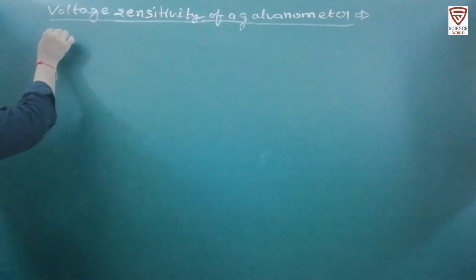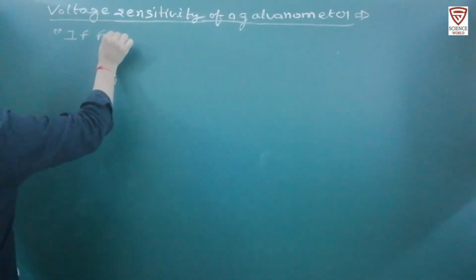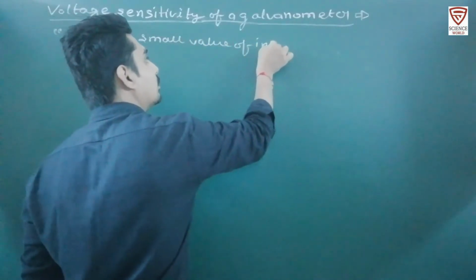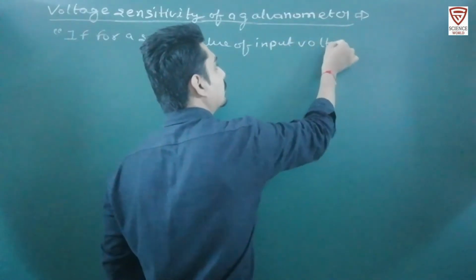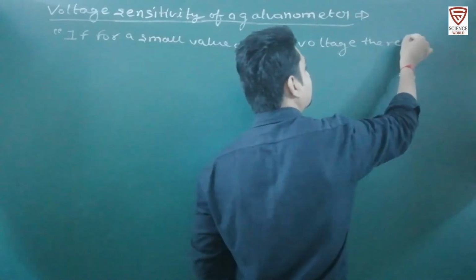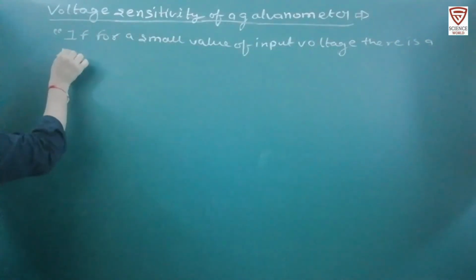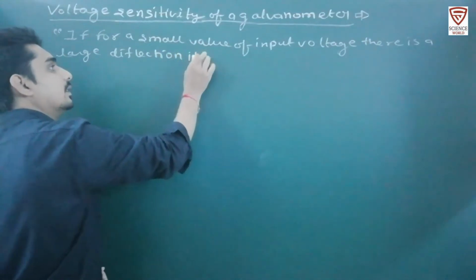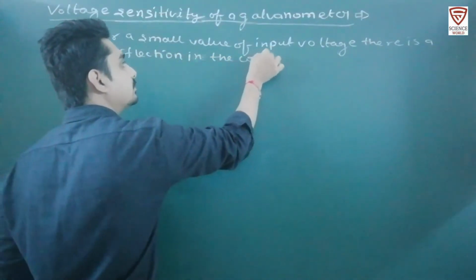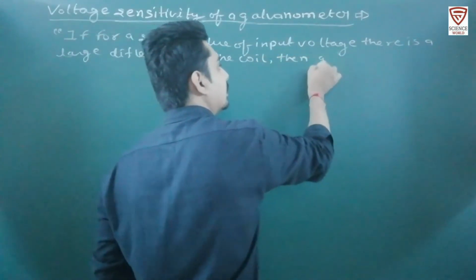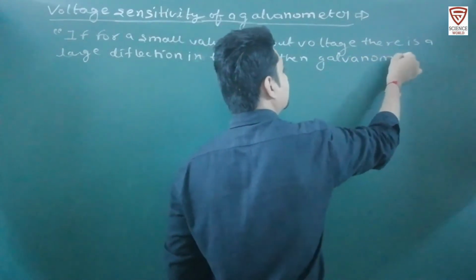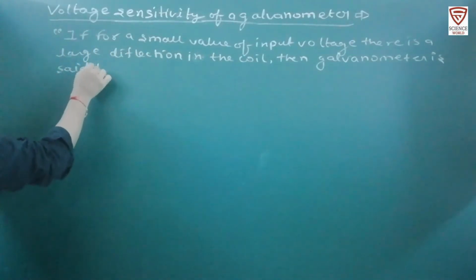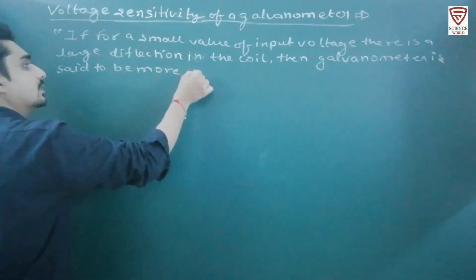We can write down, if for a small value of input voltage, there is a large deflection in the coil, then the galvanometer is said to be more sensitive.